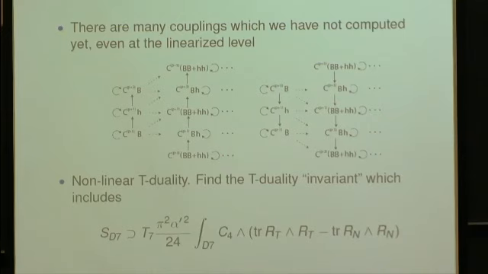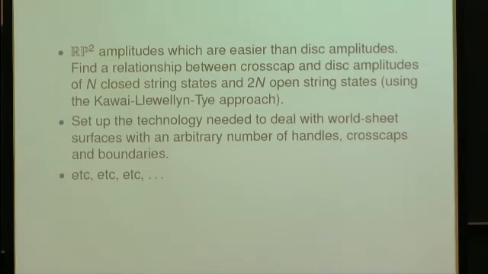But this is still a difficult exercise, and all we know are the fragments. This addresses the next point: ideally, we would find the T-duality completion, which includes also this coupling. But again, in general, it's difficult.